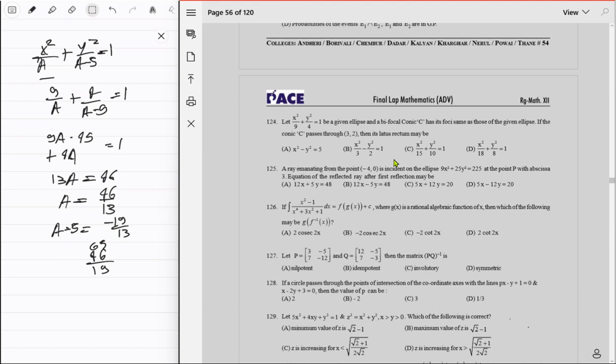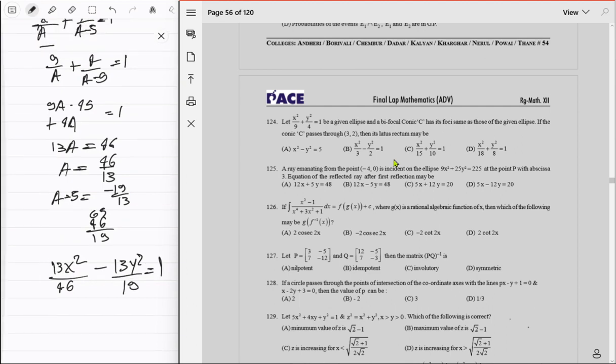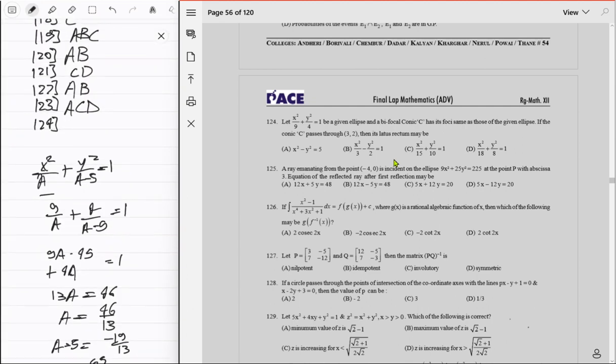Okay. ठीक है, just figure out what this should be. Okay, x square upon 46 upon 13, and then minus 13 y square upon 19 is equal to 1. That's what I'm getting actually. 3,2 से pass हो रहा है. This should be the thing, 9 and 4 over there. Wait, you already know कि ये जो है ये 3,2 से pass होता है, right?